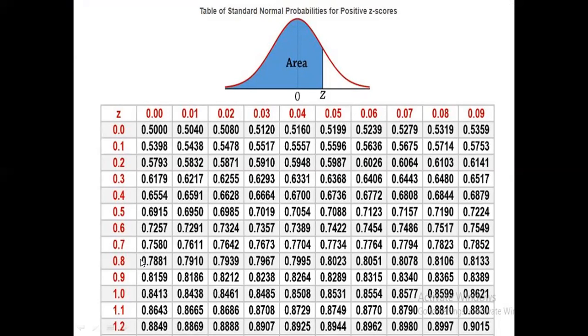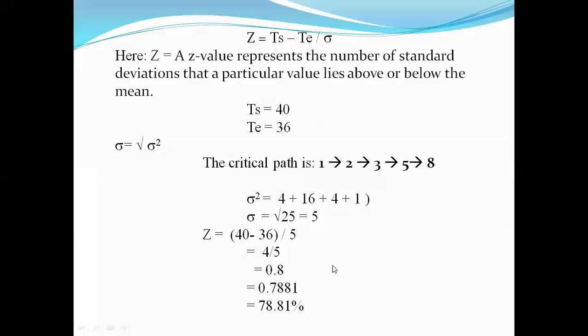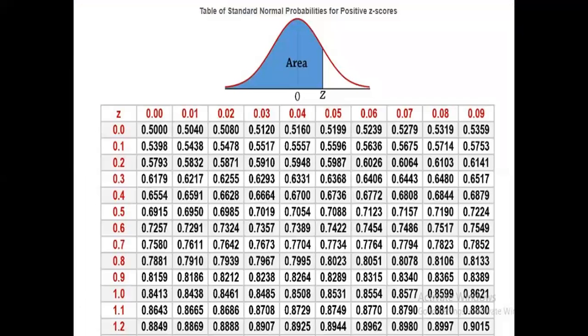For example, if the value comes out to be 0.85, this is the 0.8 row, and 0.05 added to 0.8 becomes 0.85. So the 0.85 value will be 0.8023. In this manner, you can find the value for Z. So this is the probability of your project completing in 40 days. Thank you.